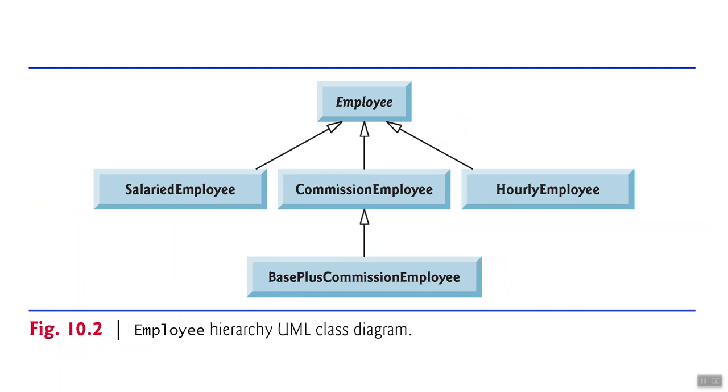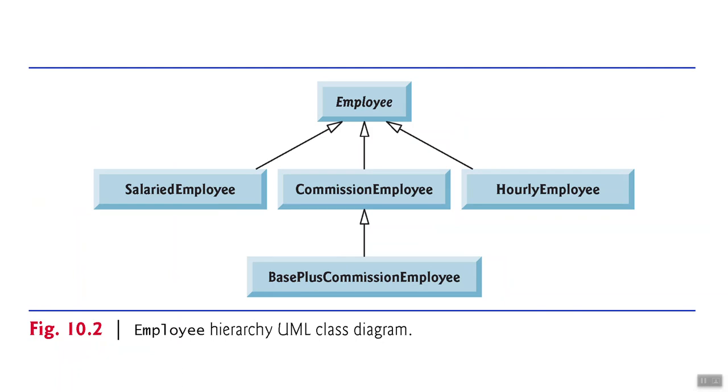For example, we're looking at a class diagram right now that describes an example we see in the book, where employee is the base class, it's the parent class, superclass, and in addition to that, we call it an abstract class.